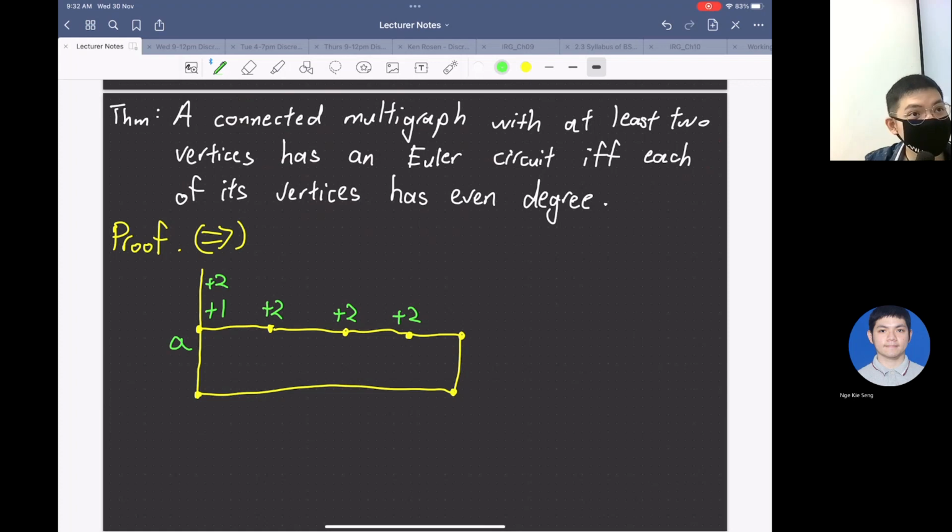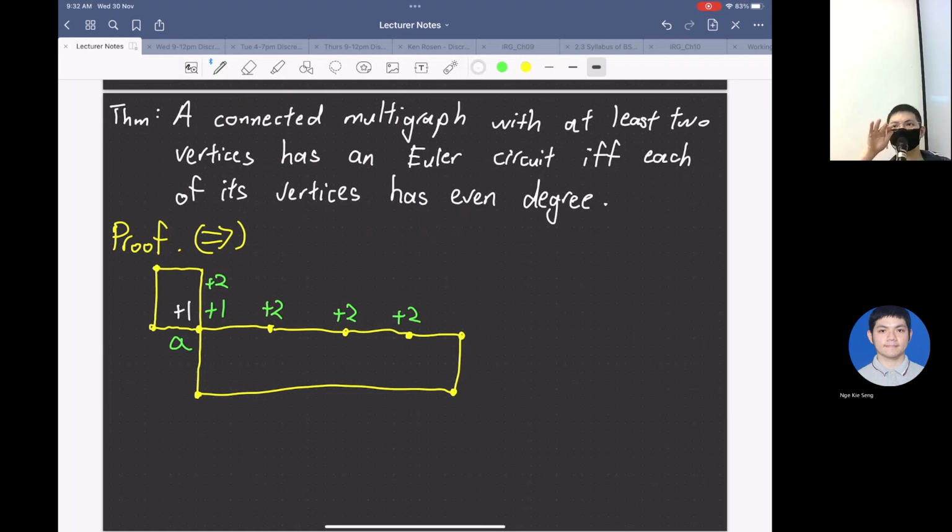Even if you pass through A, you still add a +2 contribution to the degree of A, because you need to go in and then go out. So in the end, this is a circuit, right? So you need to turn back to A. So you get another +1.